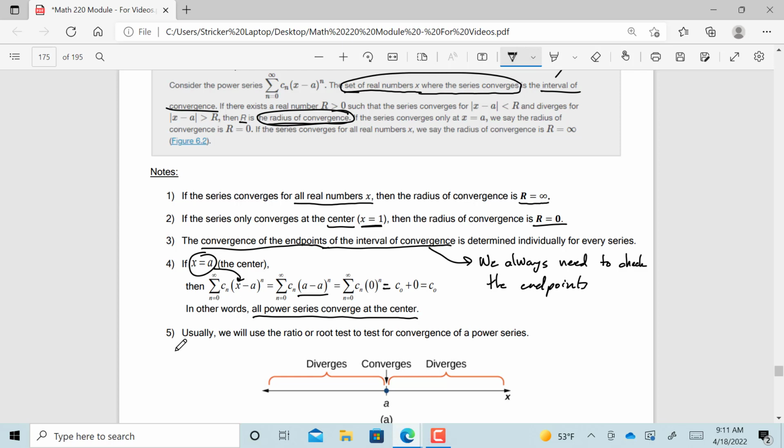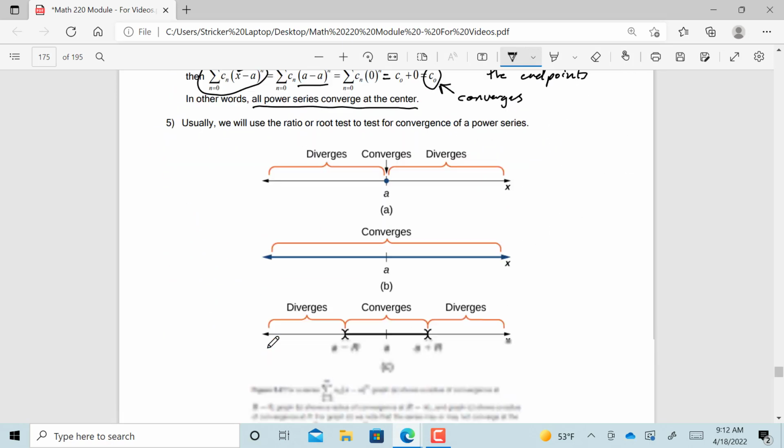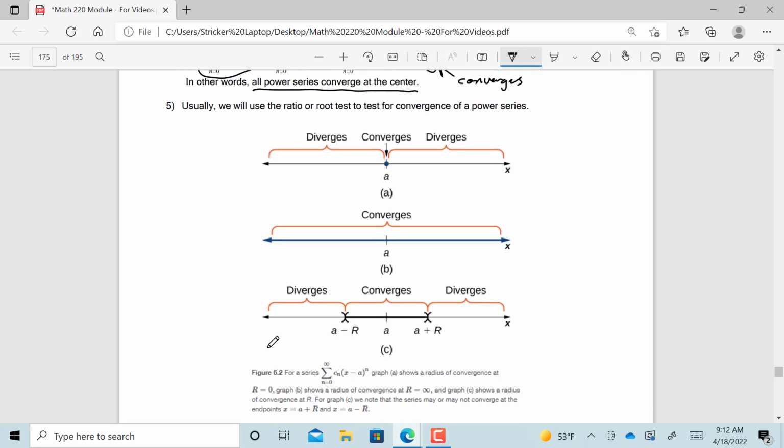So n equals 2 is 0 to the second, that's going to be 0. And so we just end up with c sub 0. Now, that's a constant, right? So what that's saying is that our power series sum is c sub 0. In other words, the series converges.